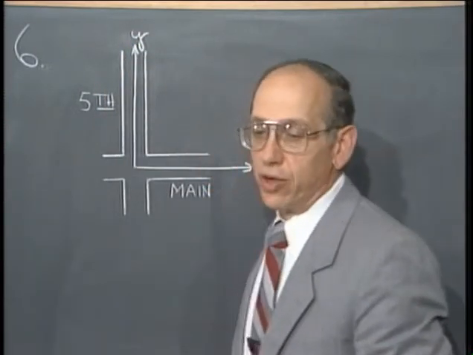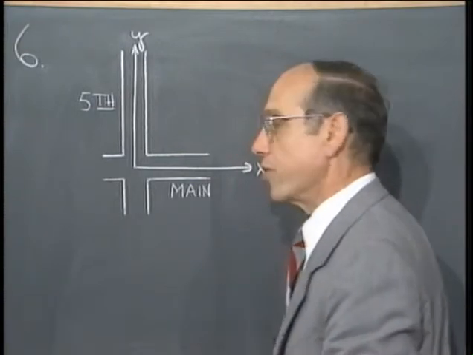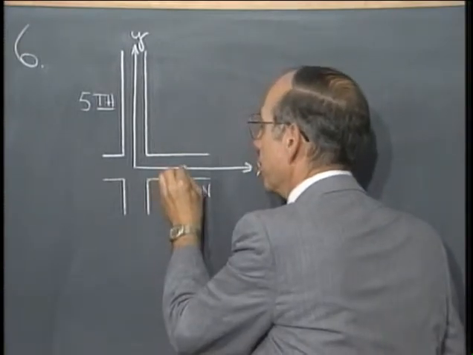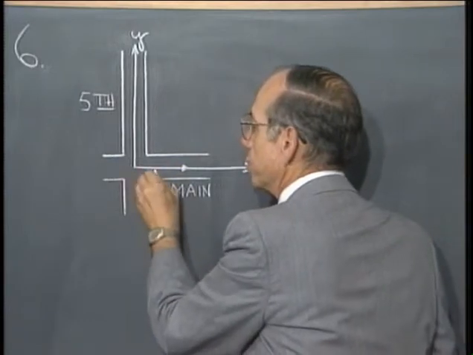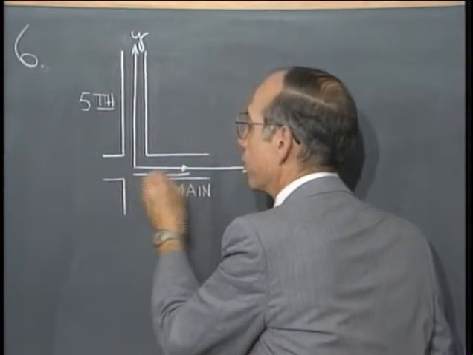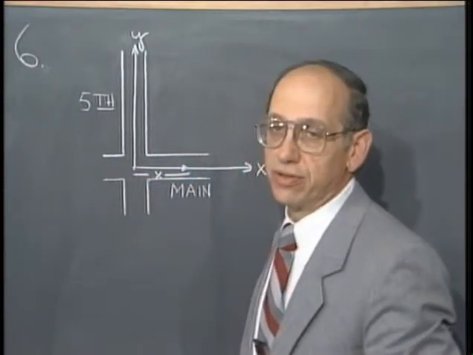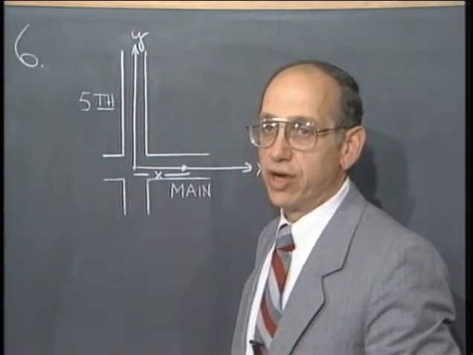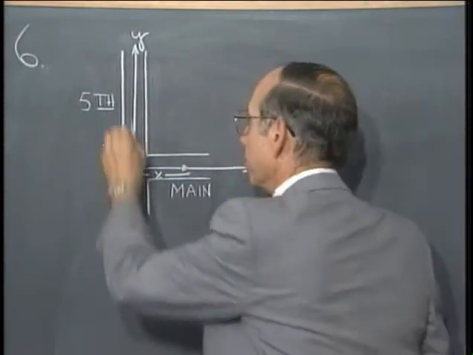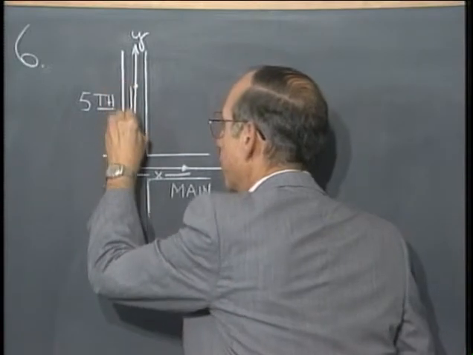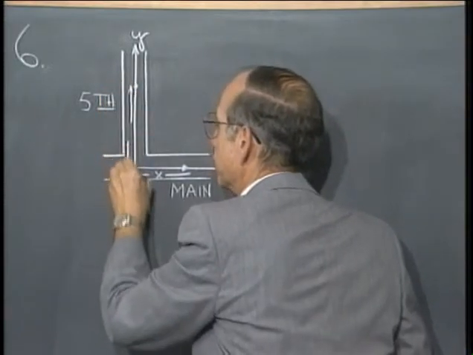And we'll let the location of the suspect car be, say, over here at some point, which is distance x from the center of the intersection. The location of the police car will be at some distance y from the center of the intersection.